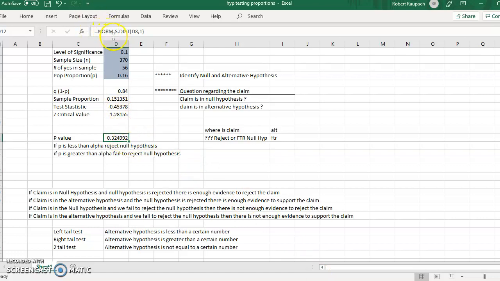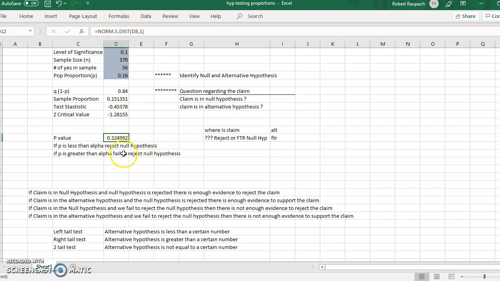Here's how you would get it: NORM.S.DIST, and I'm grabbing D8, which is the test statistic, and always 1 for the cumulative. So that's how I got that.